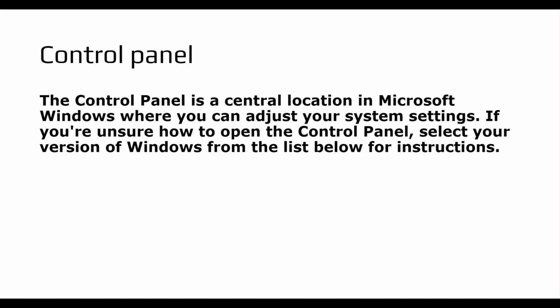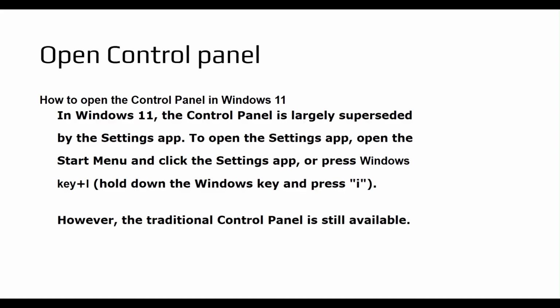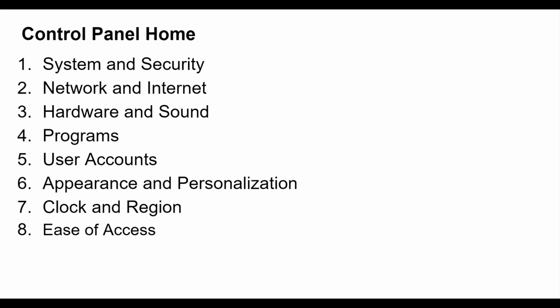It is a central location in Microsoft Windows where you can adjust your system settings. If you're unsure how to open the Control Panel, select your version of Windows from the list below for instructions. This is how you're going to open the Control Panel in Windows 11. It's always better to just type Control Panel in the Windows search and you will be able to open it very quickly. And these are the features we just mentioned about the Control Panel.